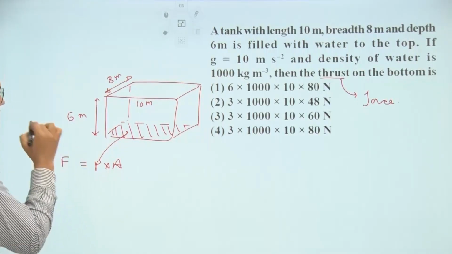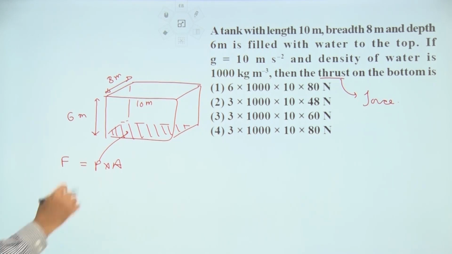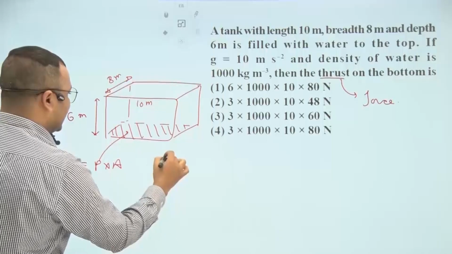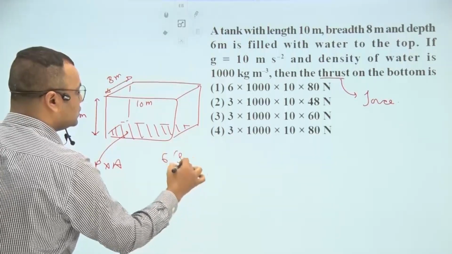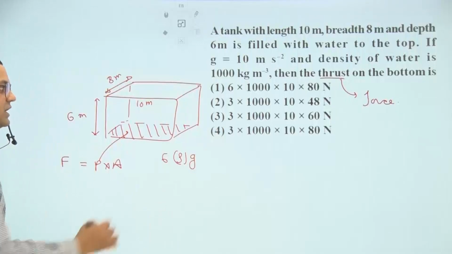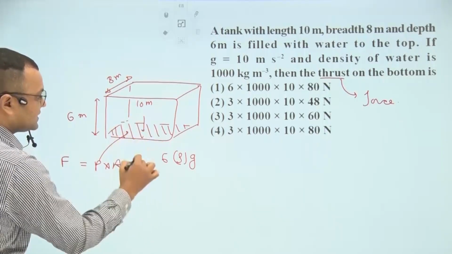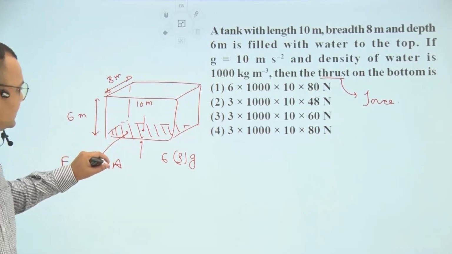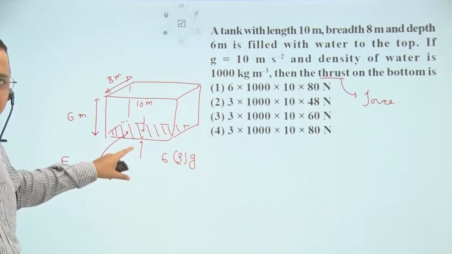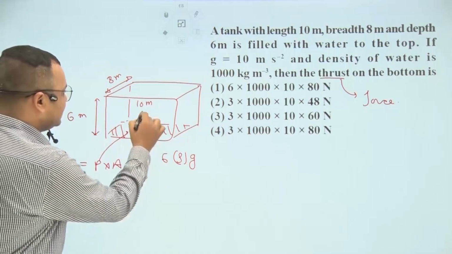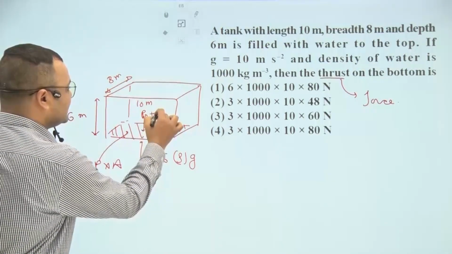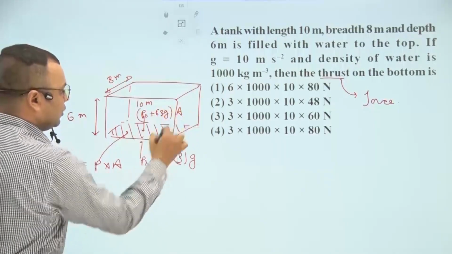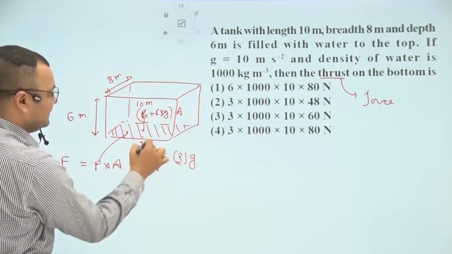The gauge pressure at this location will be H rho G. We could take the absolute pressure, then two forces act, from both sides. Here the pressure is P naught plus 6 rho G and on the other side it is P naught times A, so the P naught parts will cancel.